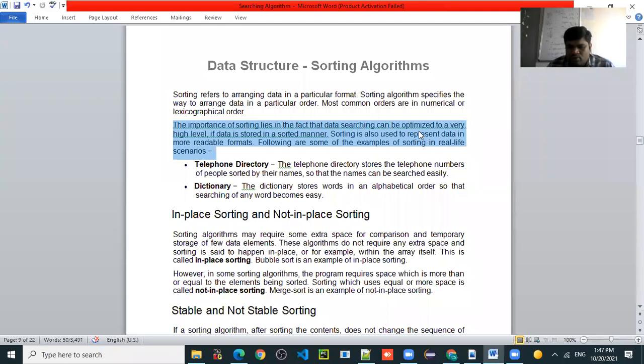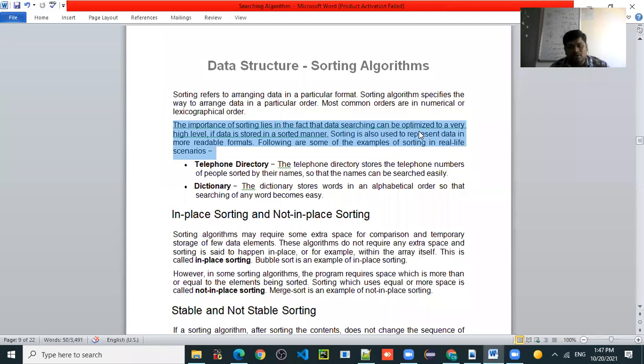Suppose you prepare the dictionary without any alphabetical order, is it possible to search for a word in it? It is possible, but it will take a lot of time, right?